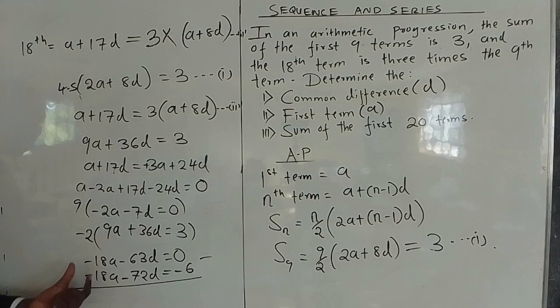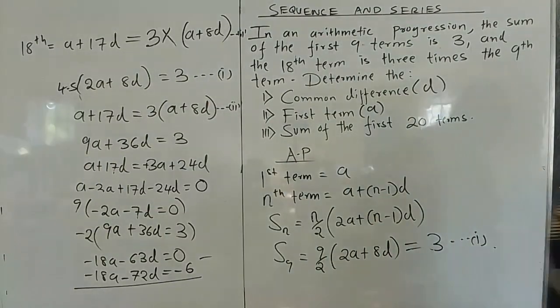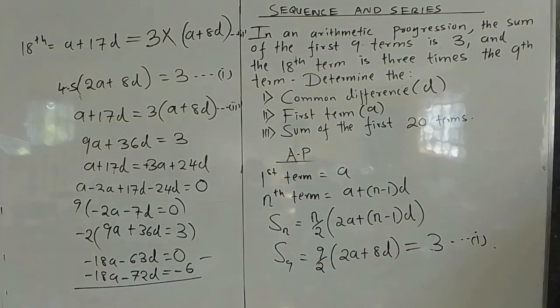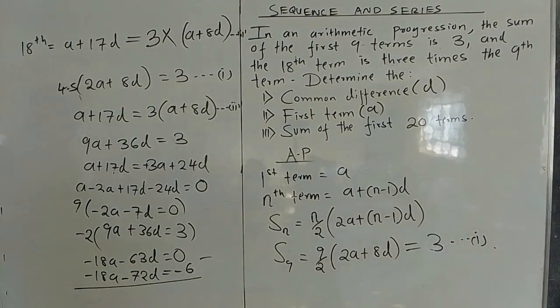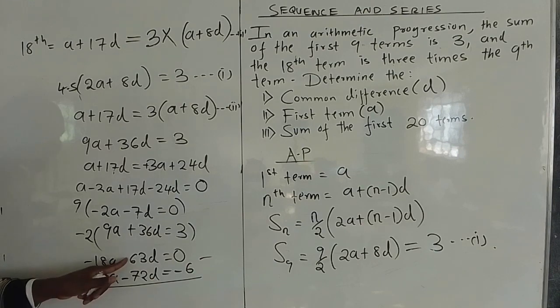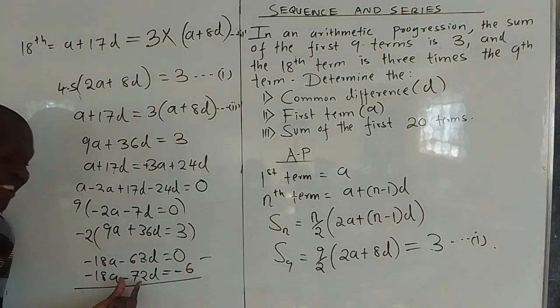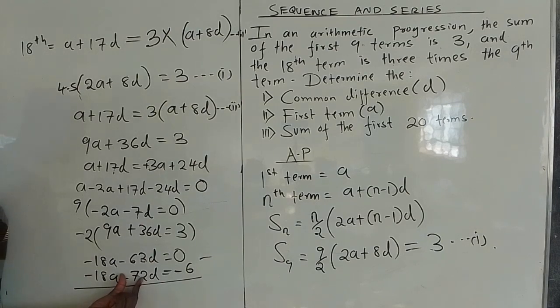Yes. So negative 18 minus negative 18 is 0, isn't it? We are subtracting the two equations. Then go, remember everything with this sign: negative 63 minus negative 72. Never leave anything behind. Do you see that?